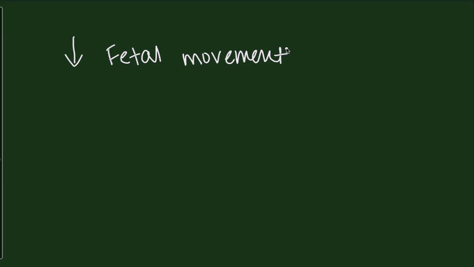Some women will say that they had experienced a change in fetal movement pattern for the week or so preceding the event, with decreased fetal movement over a period of time and then no fetal movement for, say, the prior 24 hours. However, many women will say that fetal movement was completely normal up until whatever the time period was from the event of loss to diagnosis.